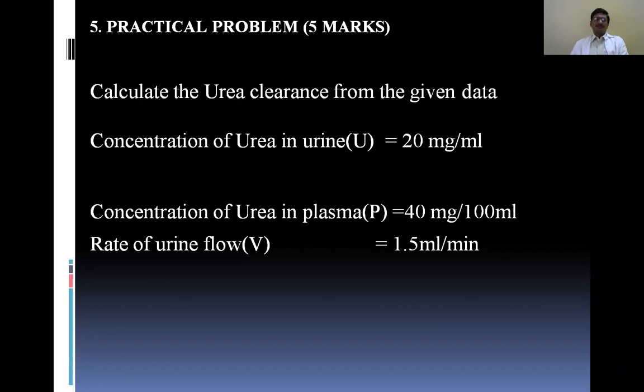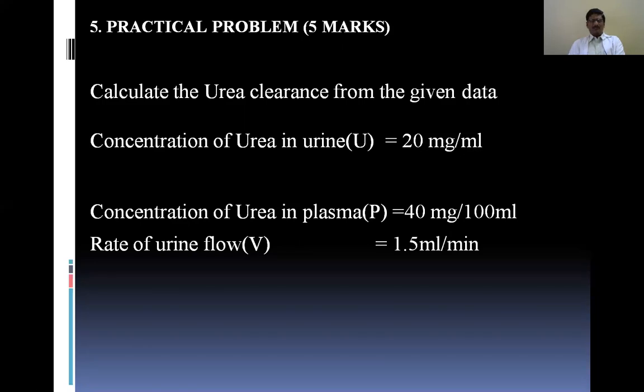Using the clearance formula, but here one should understand that the urea clearance value depends on the urinary flow rate. The formula for clearance, C is equal to UV by P, holds good so long as the urinary flow rate is more than 2 ml per minute. Whenever it is less than 2 ml per minute, we need to calculate something called standard urea clearance.